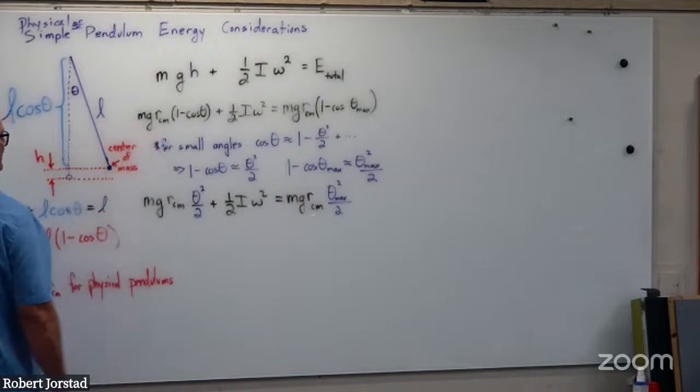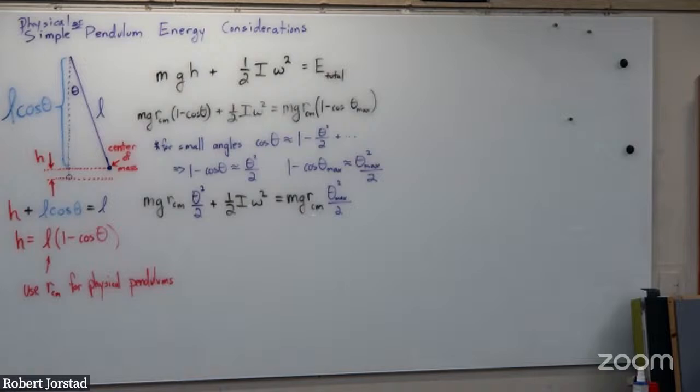And I think that's what I did over here. So now in this case, here is a pendulum with a small angle, and you can think about it oscillating up and down, up and down. This small distance here, H plus L cosine theta, must add up to the total length L, which gives us this height. Now, again, if we had a physical pendulum, we're going to use R center of mass instead of the length.